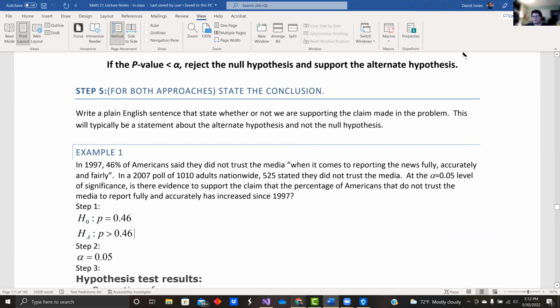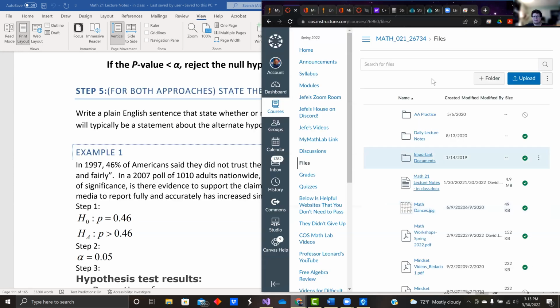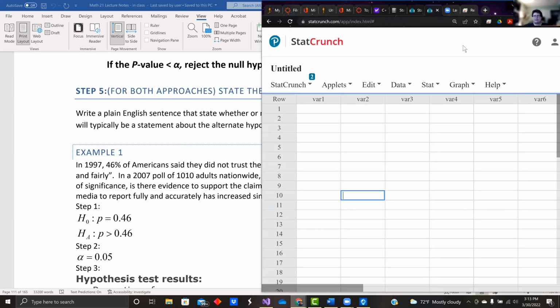So I'm going to use what they said. We're going to go look at StatCrunch. Let me bring up StatCrunch. Where's my StatCrunch? Did it go away? Oh, I have it in a tab. Okay. There we go.